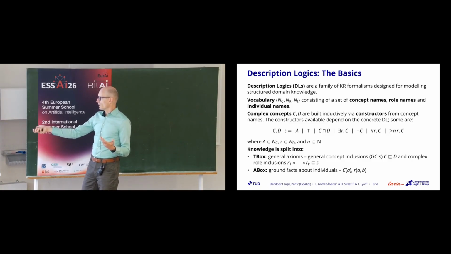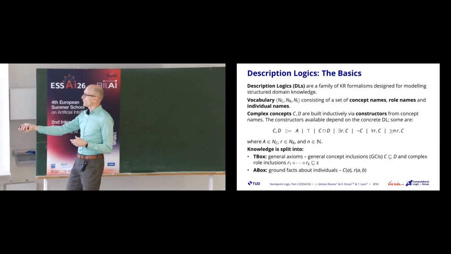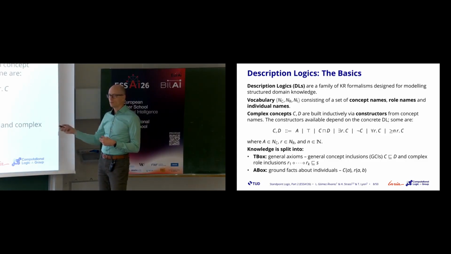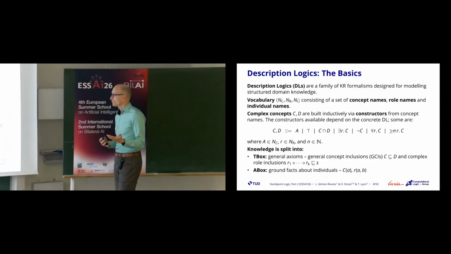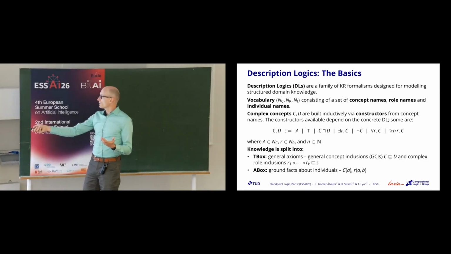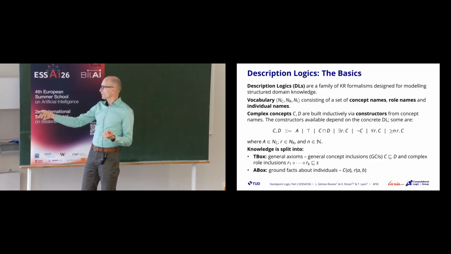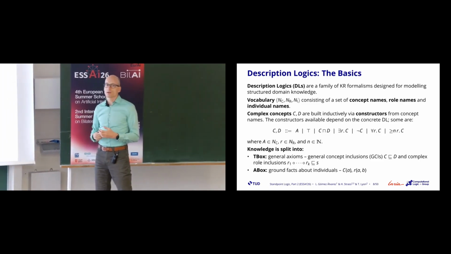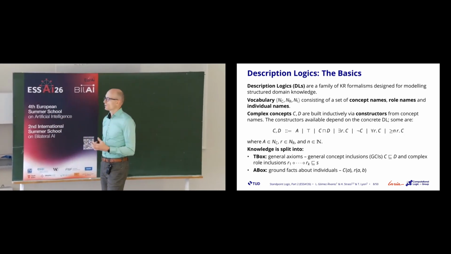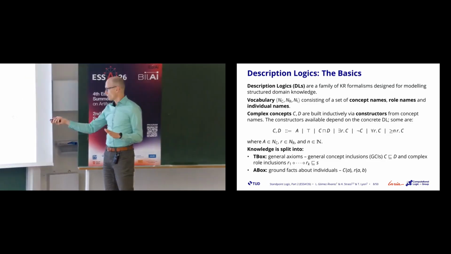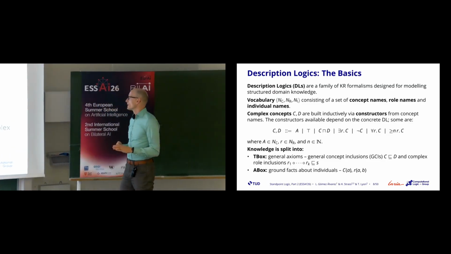Syntactically, they take the form of so-called general concept inclusions, saying that everything that satisfies C must also satisfy D. So every C is a D, basically. And this is called general because you are allowed to write complex concepts according to this syntax on the left and on the right. Previously there were simple concept inclusions where one of those had to be atomic. Nowadays we allow general concept inclusions.